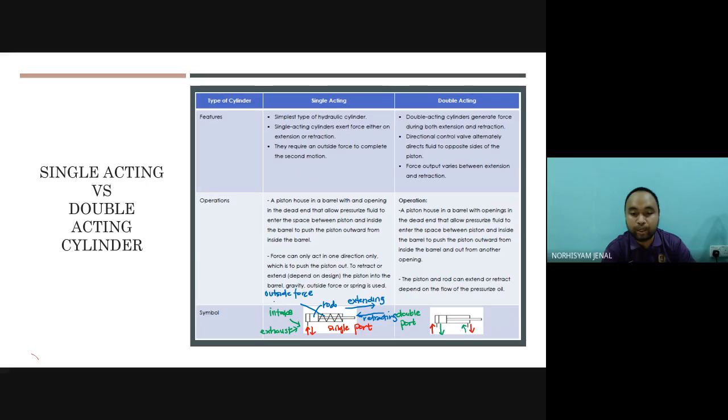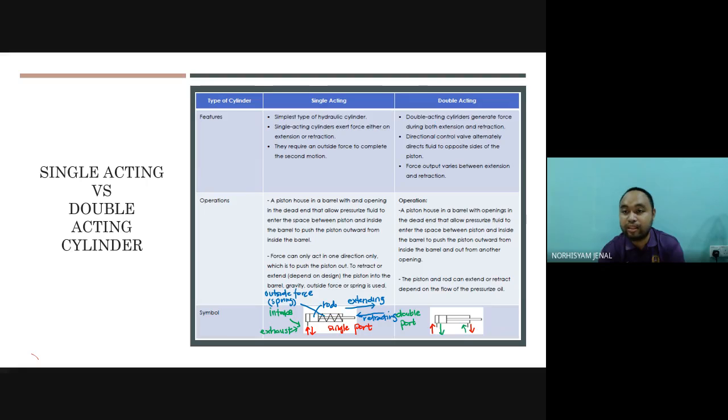In this part, it is a spring. When you push the rod to the right, the spring will be compressed. And then when we don't have any pressure anymore, we want to push the liquid back to the tank, we will use the spring to push it back to the left. So this is the outside force.